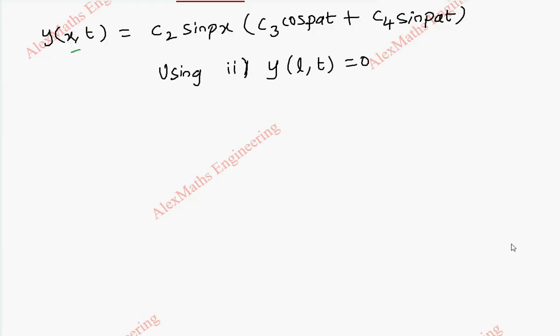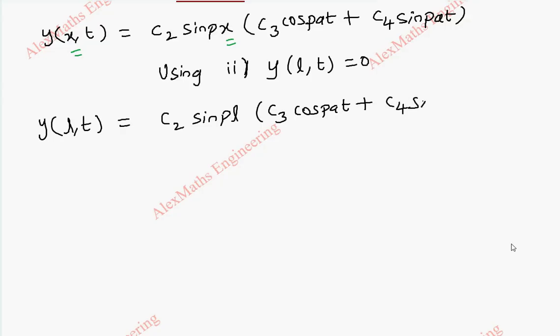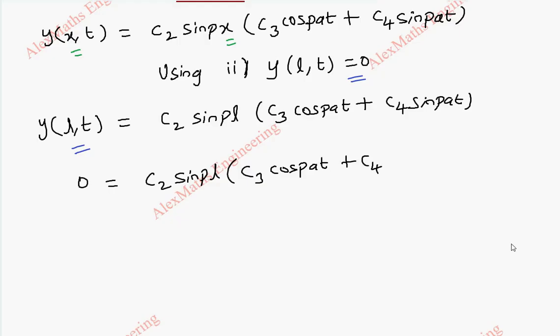So wherever x is there, we have to substitute L. So y(L,t) is c2 sin pL into (c3 cos pat plus c4 sin pat). Now this value is 0, so we substitute 0 here: 0 equals c2 sin pL into (c3 cos pat plus c4 sin pat).